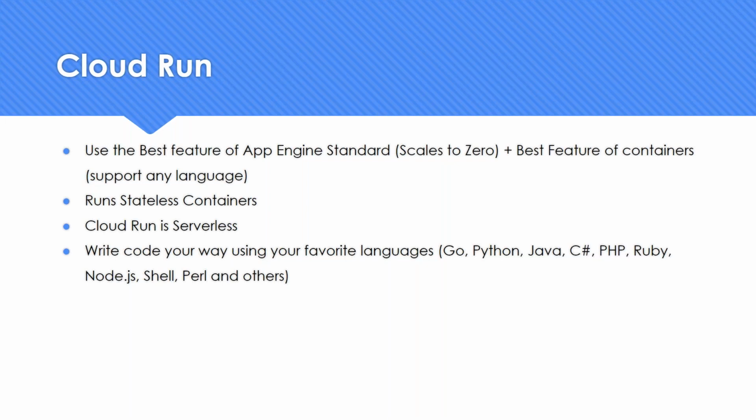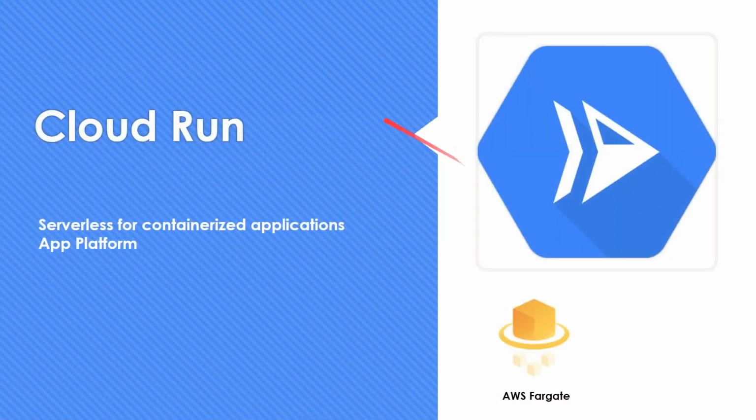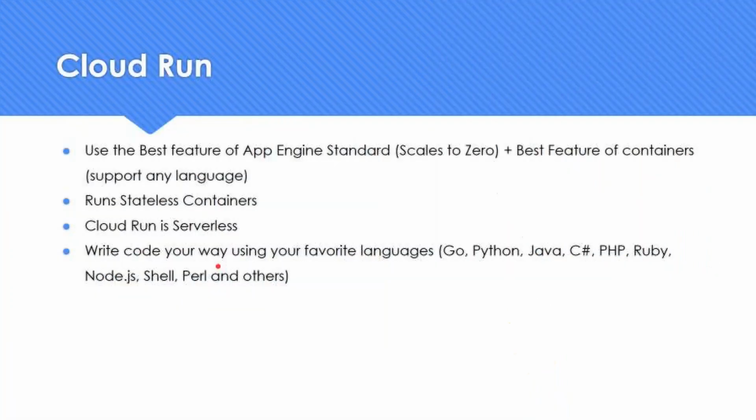In four words, if I were to explain it: serverless for containerized web applications. That is the key part here. So you're still going to deploy web applications only, but these are going to be serverless containerized applications.